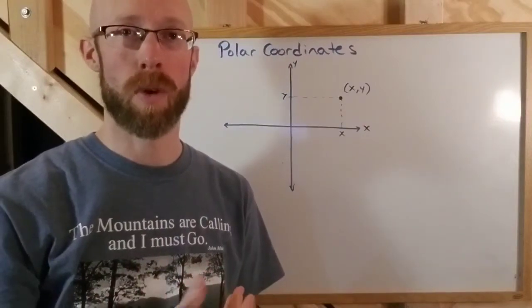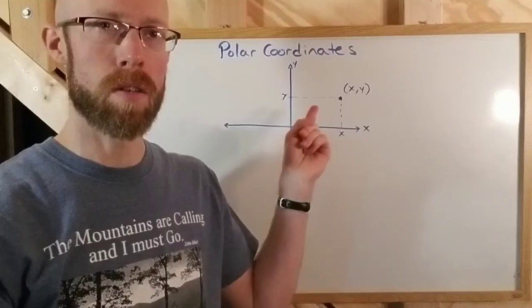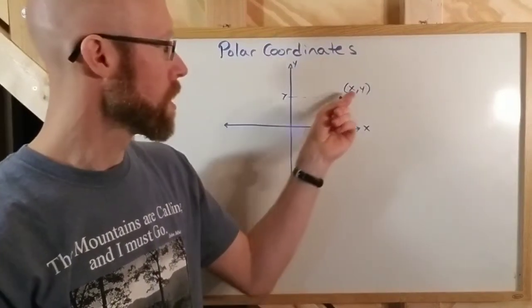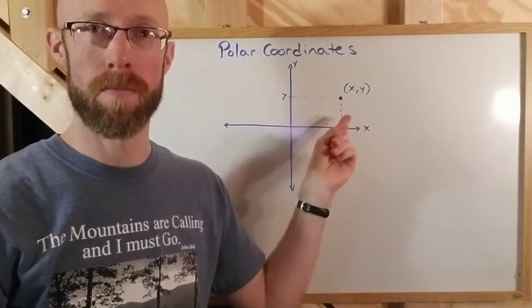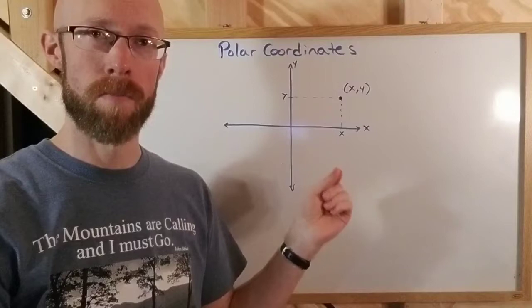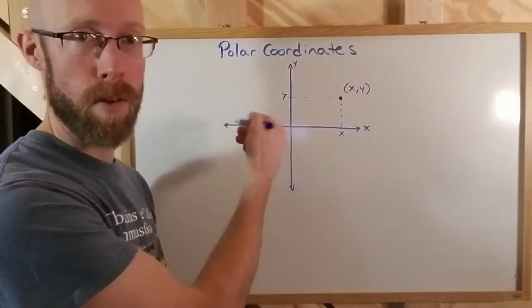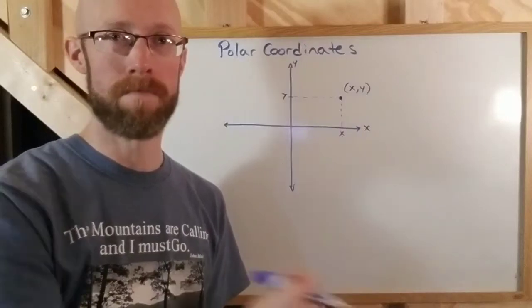What's nice about rectangular coordinates is that every point has a unique identification, and every identification has a unique point. So if I give you the point 2, 3, you know exactly where that is. If I plot a point, you can uniquely identify the ordered pair for that point.